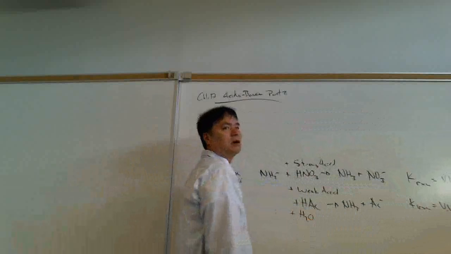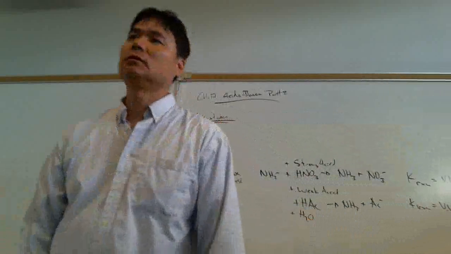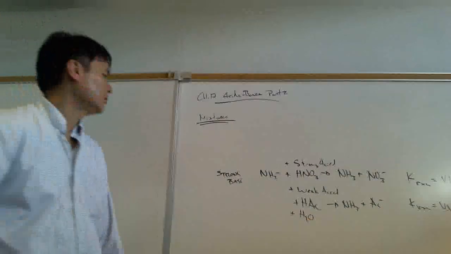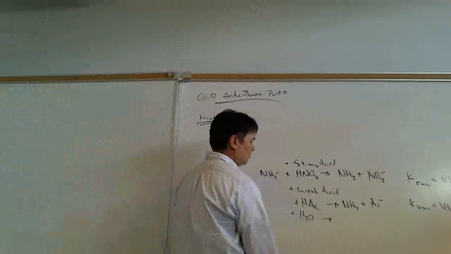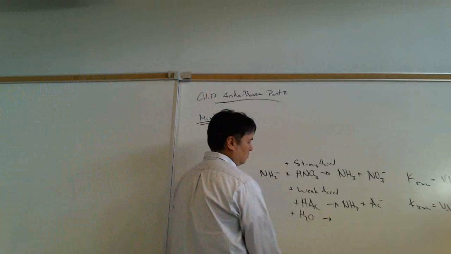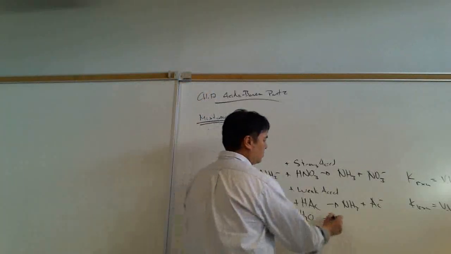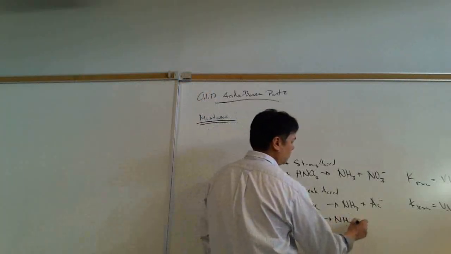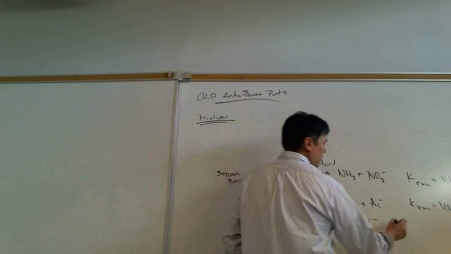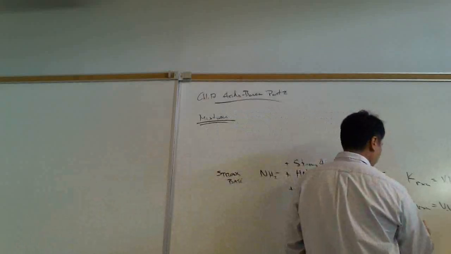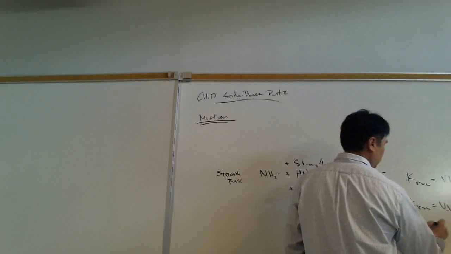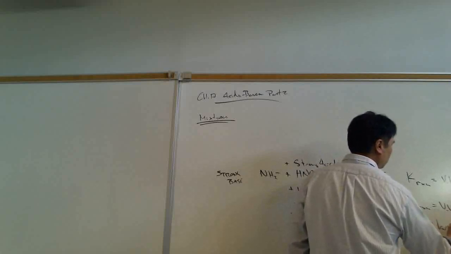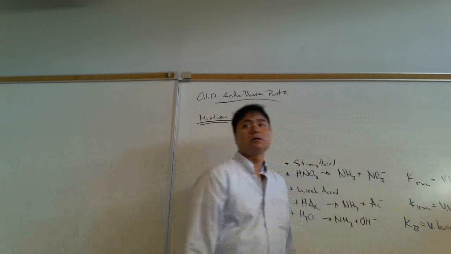And then let's go with water. What's a stronger acid, acetic acid or water? Acetic acid. And so when a strong base like amide reacts with water, what's formed? Ammonia and hydroxide. And K for this, which we call Kb, is very large.